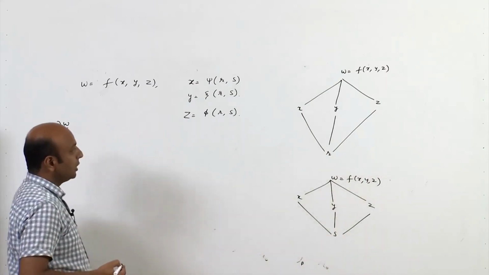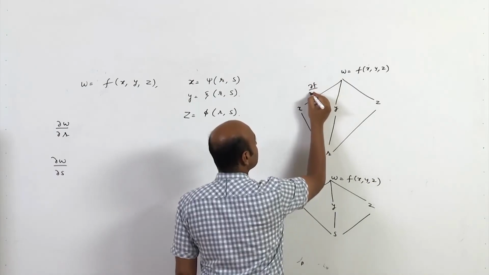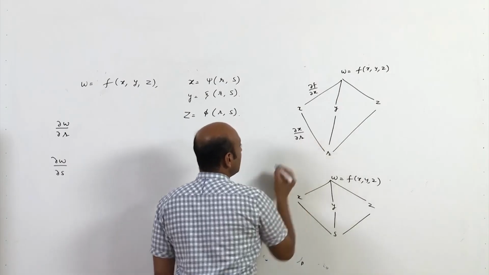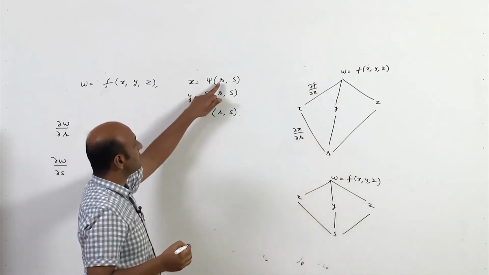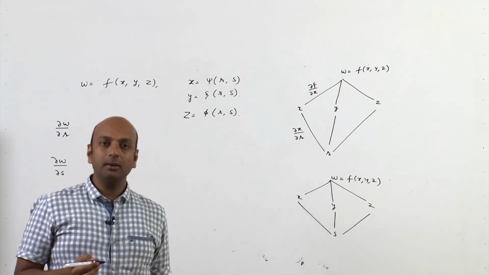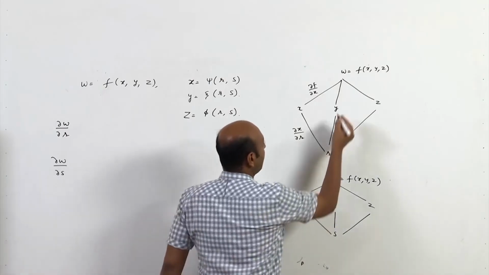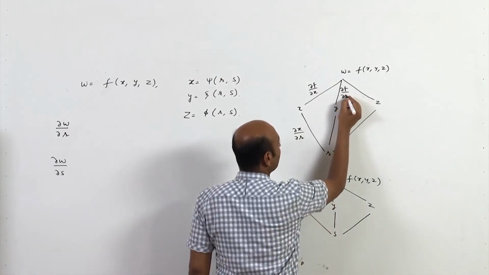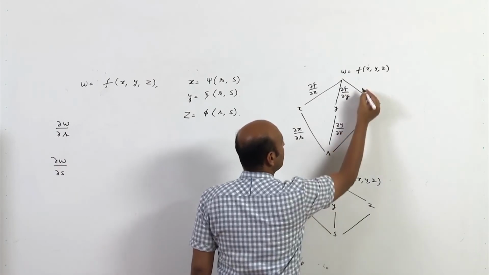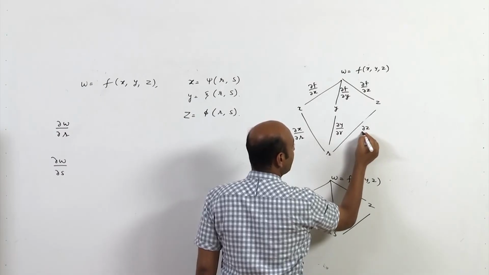Now, here it is del f by del x, and it is also del x by del r, because now x is a function of two unknowns r and s. So, instead of a complete derivative, now you will have a partial derivative. So, it is del x by del r. Again here it will be del f by del y, and it will be del y by del r. It is del f by del z, and here it is del z by del r.